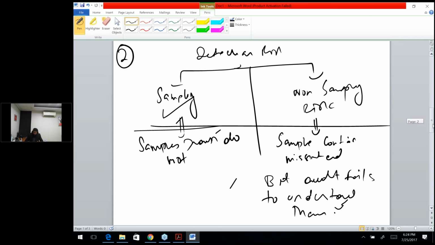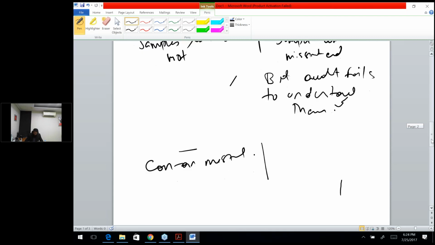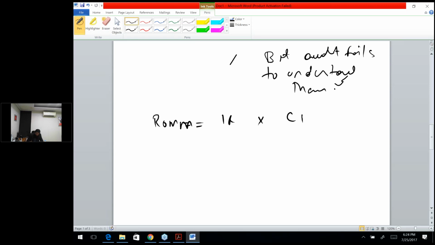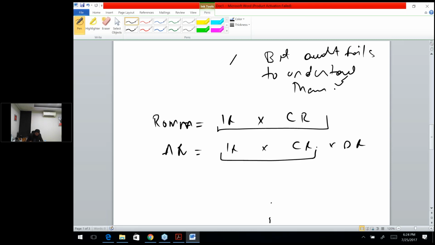So whenever we talk about the risk of material misstatement, you need to understand that the risk of material misstatement is made up of inherent risk into control risk. So the audit risk, which is inherent risk into control risk into detection risk, could easily be explained as risk of material misstatement into detection risk.